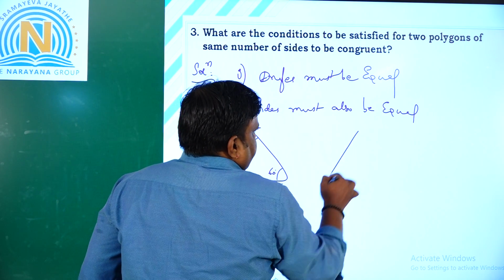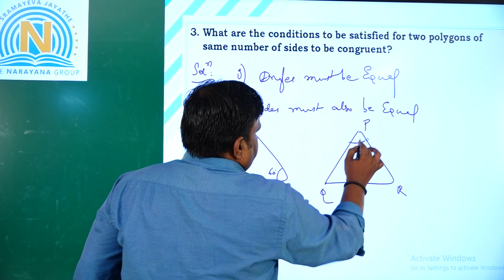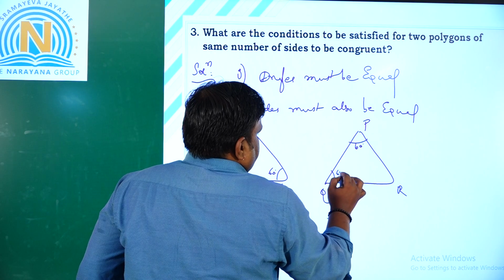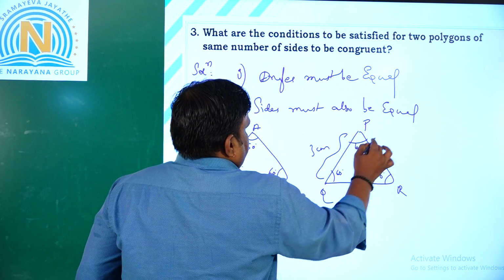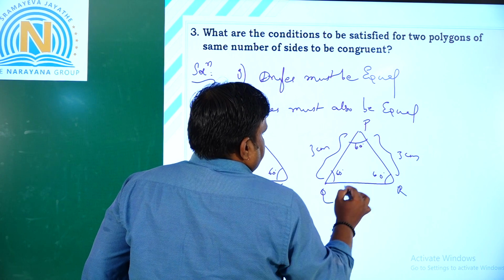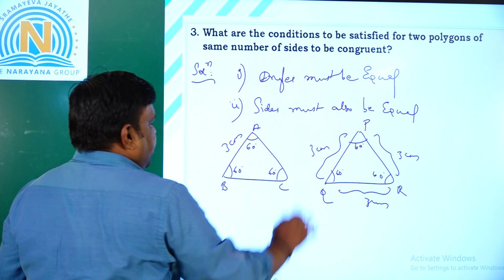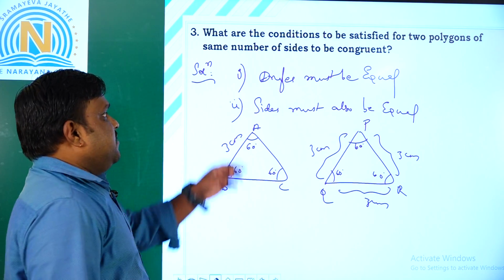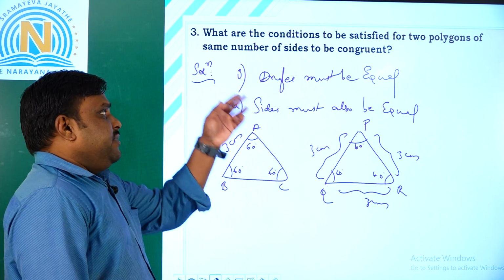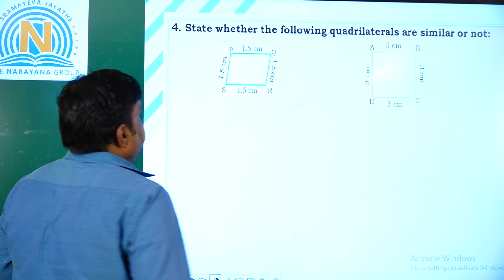And here is one more equilateral triangle PQR of 3 centimeters. If you observe properly, you can see clearly that the angles are equal and the sides are also equal. Then those two triangles are said to be congruent to each other. That means those two polygons are congruent to each other.